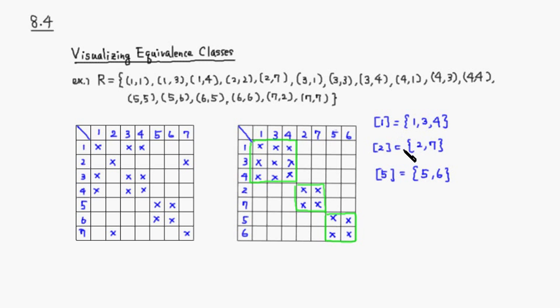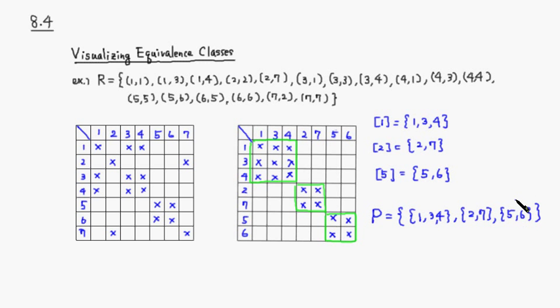You can see that there's a connection between equivalence classes and partitions. This is going to be a partition. If you put P as the partition, the first subgroup has 1, 3, 4, the second subgroup is 2 and 7, and the third subgroup is 5 and 6.